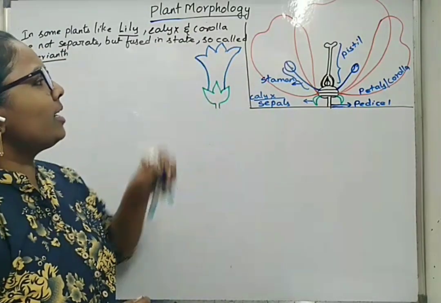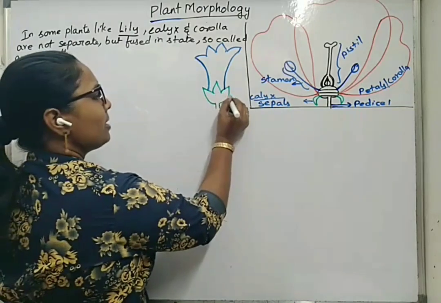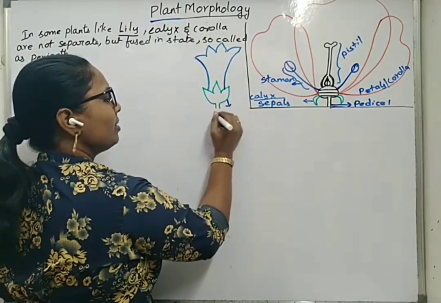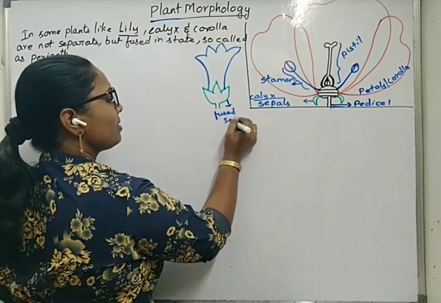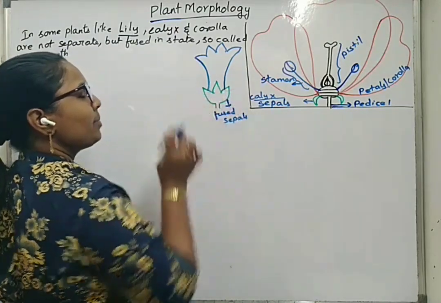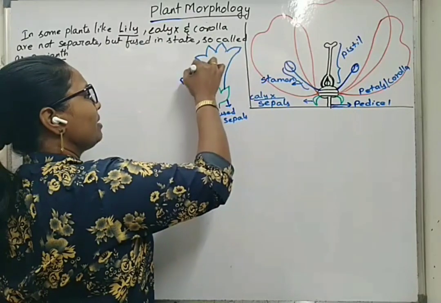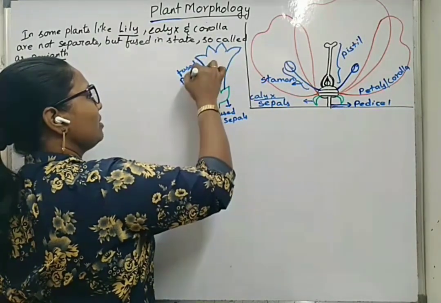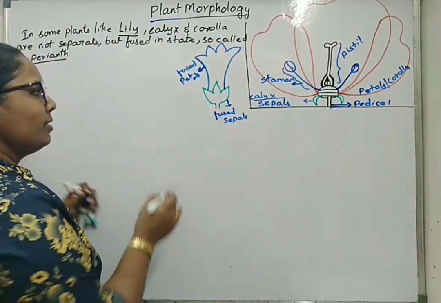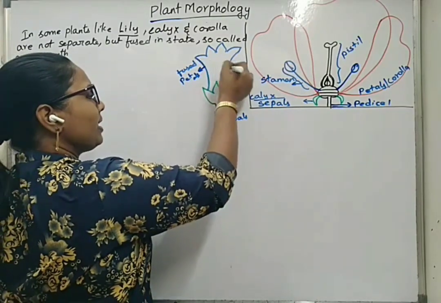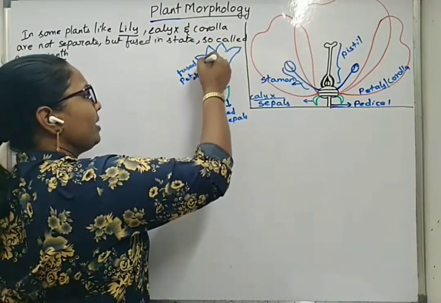Petals are free just at the tip region. Here the sepals are also fused. Fused sepals are covering the base part of the petals. So this is petals, fused petals. So we give such a fusing type of arrangement the name perianth.